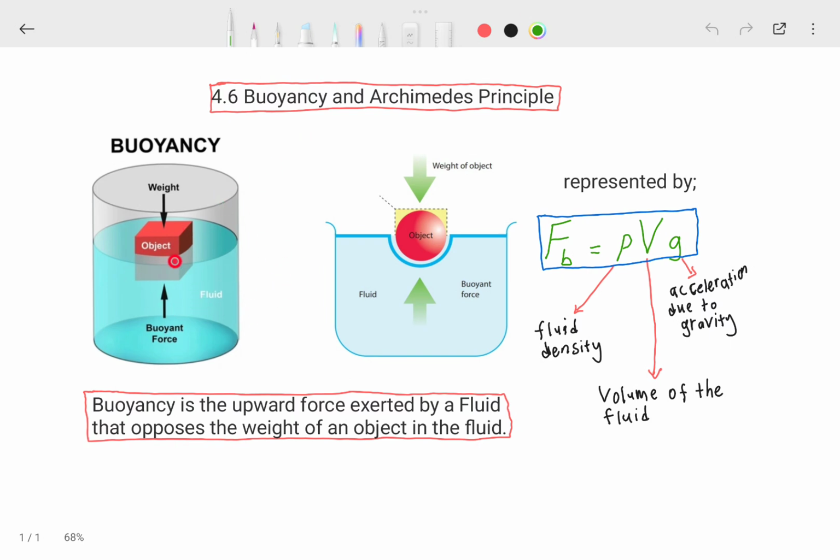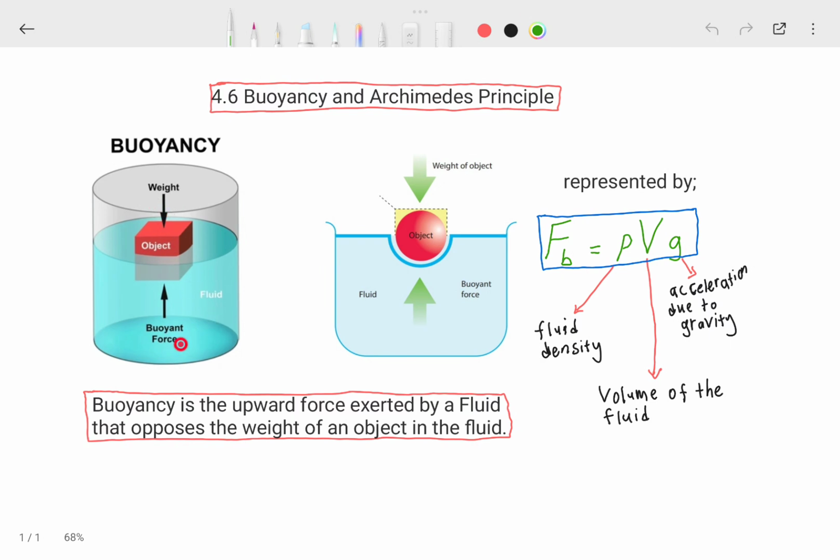So when we put an object on the surface of the water, some of the objects will sink, some of them will float. This depends on the density of different objects. So under this object, we call it buoyant force, while on the top, this is the force from weight or Fw.